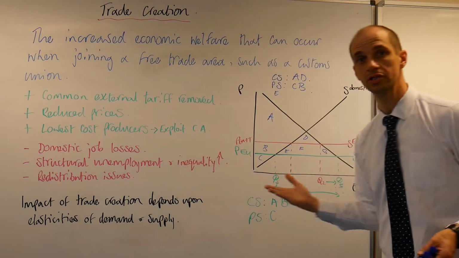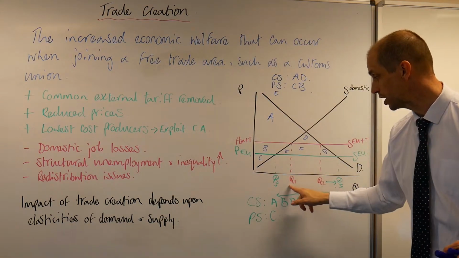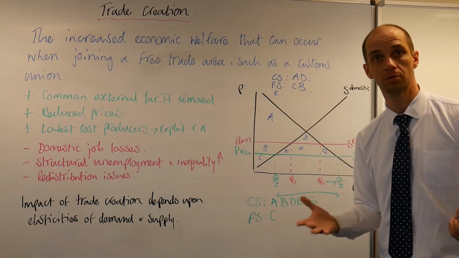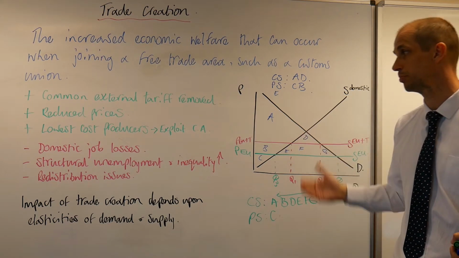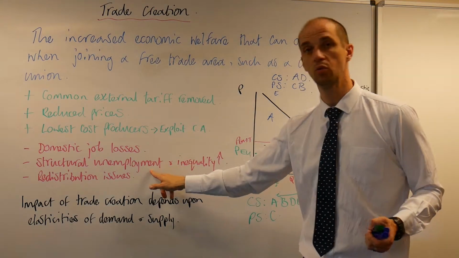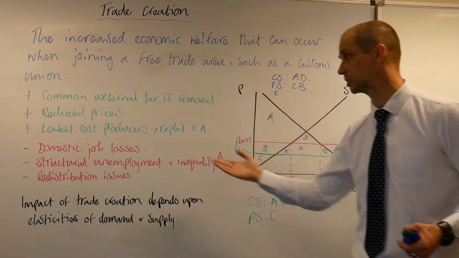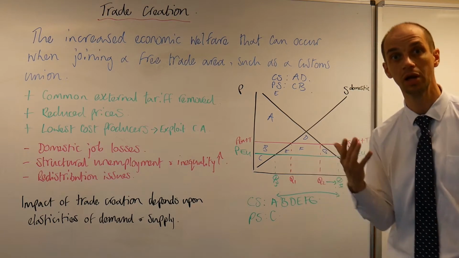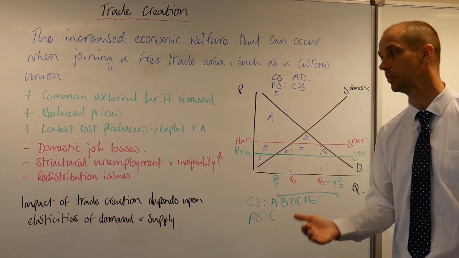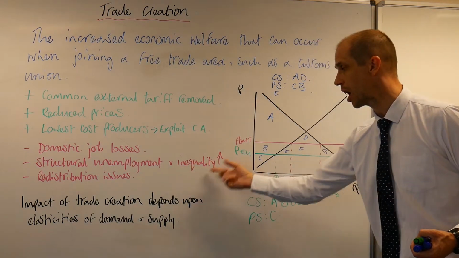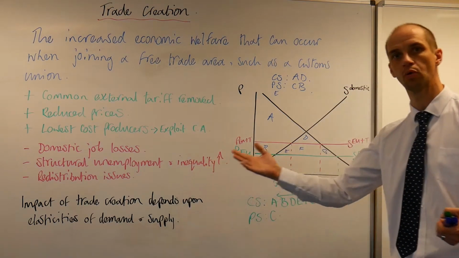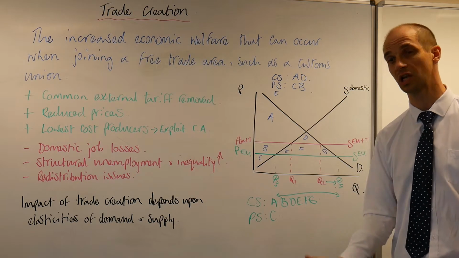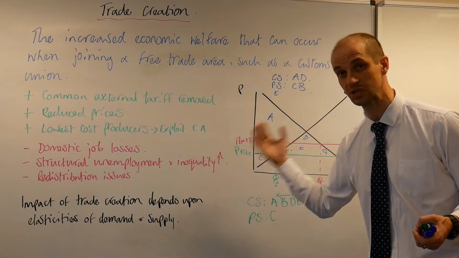Yes, there are going to be domestic job losses. From Q1 to Q3, those producers are no longer competing in the marketplace. There is the potential for job losses. That will likely be long-term structural unemployment. It will include some frictional unemployment in addition to that. For those that are longer-term, structurally unemployed, perhaps there's a generational decline in a particular area as a result of this.